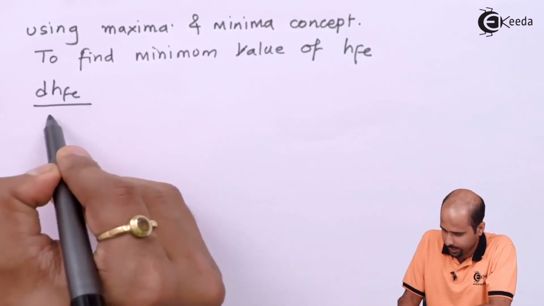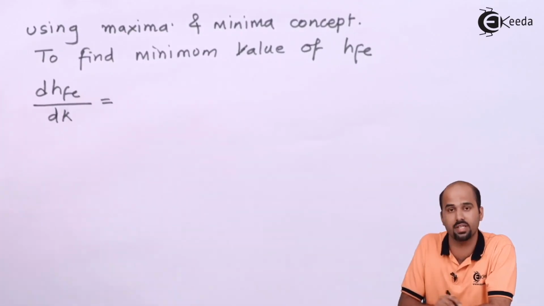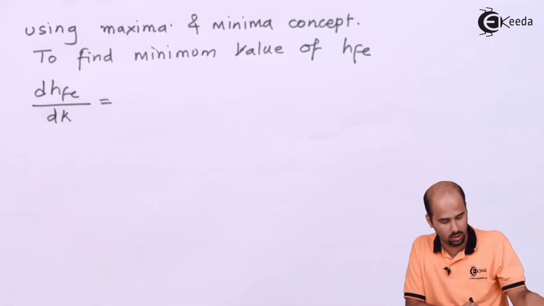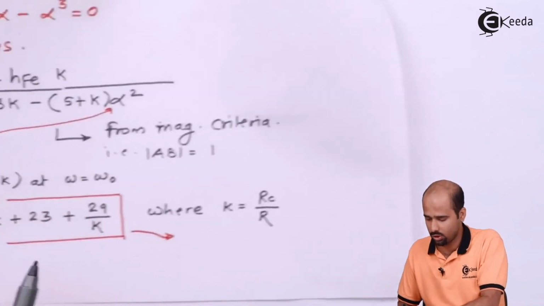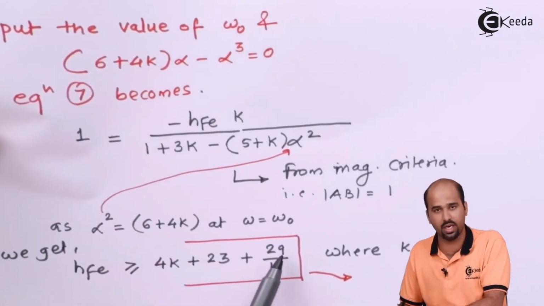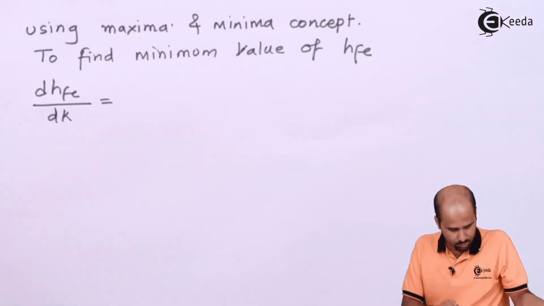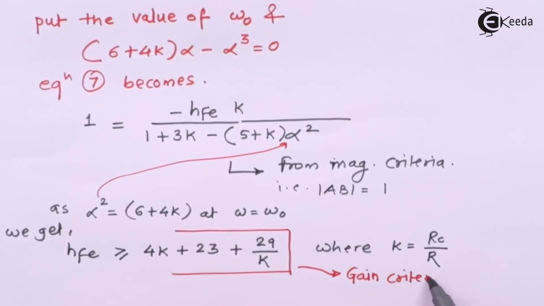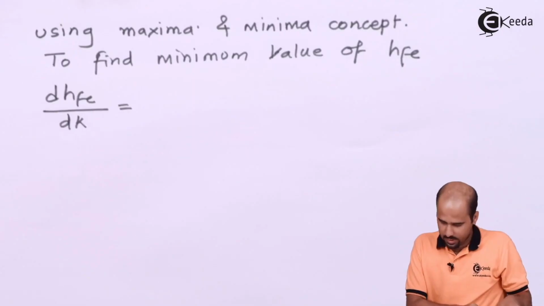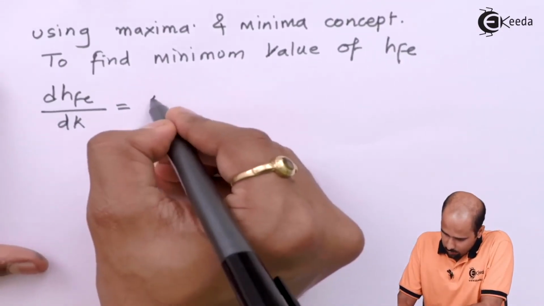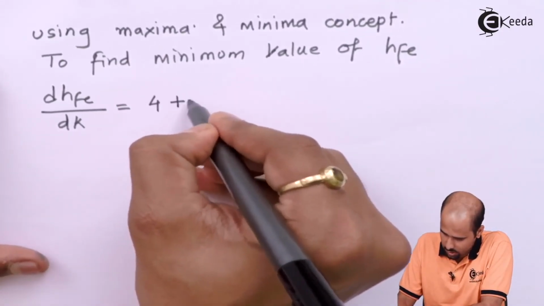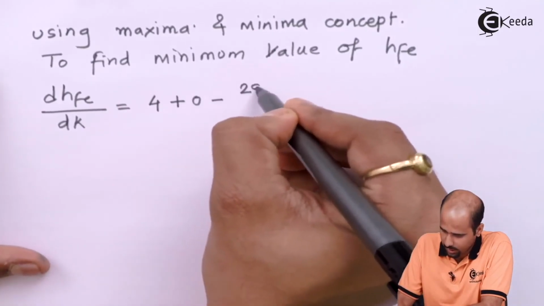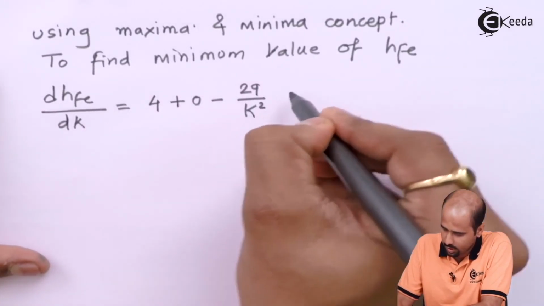We take the differentiation dHFE divided by dK of the equation that we have got, that is 4K plus 23 plus 29 divided by K, the gain criterion. So dHFE by dK becomes 4 plus 0 minus 29 divided by K square, which is equal to 0.